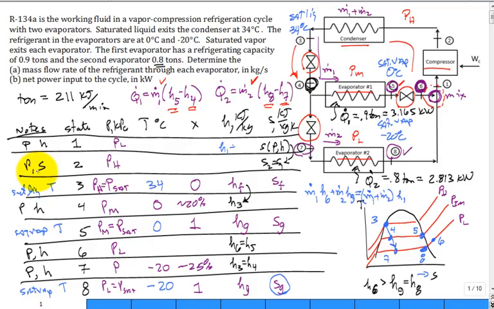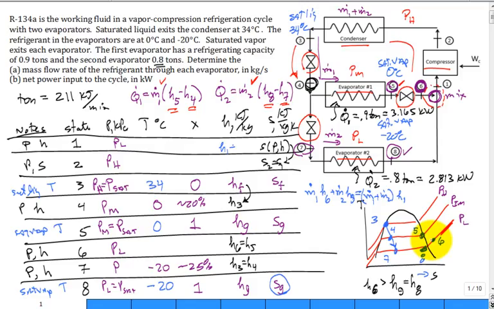What do you think is the state of state 2? Well, first of all, where is state 1 on this temperature-entropy diagram? Has to be on that low pressure line, right? But where would the blue dot for state 1 be in comparison to 8 and 6? Right in between them somewhere.